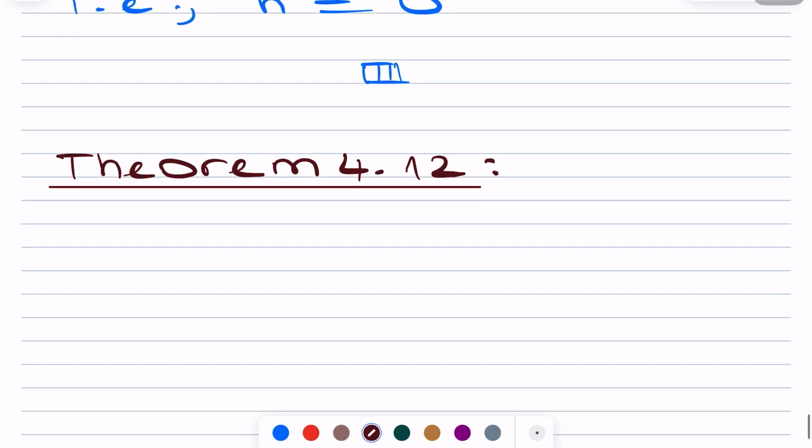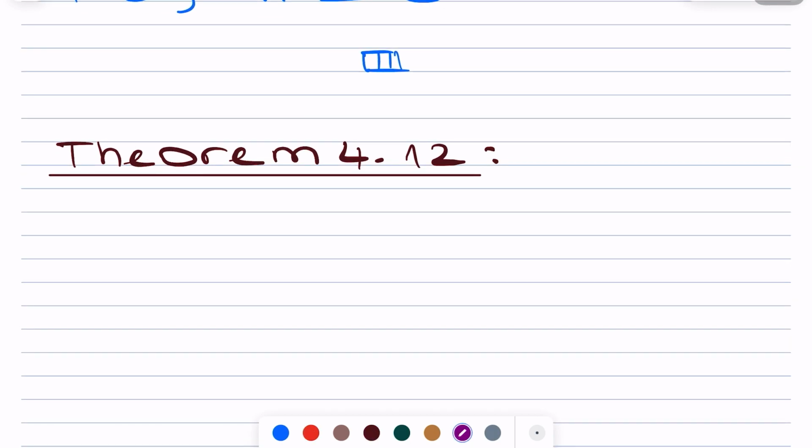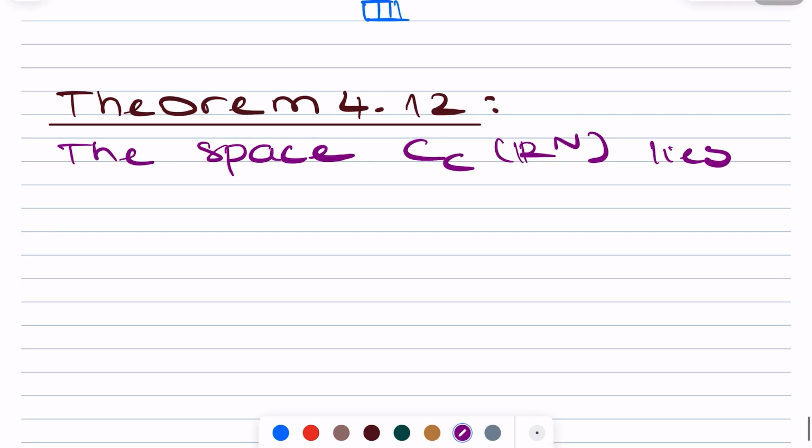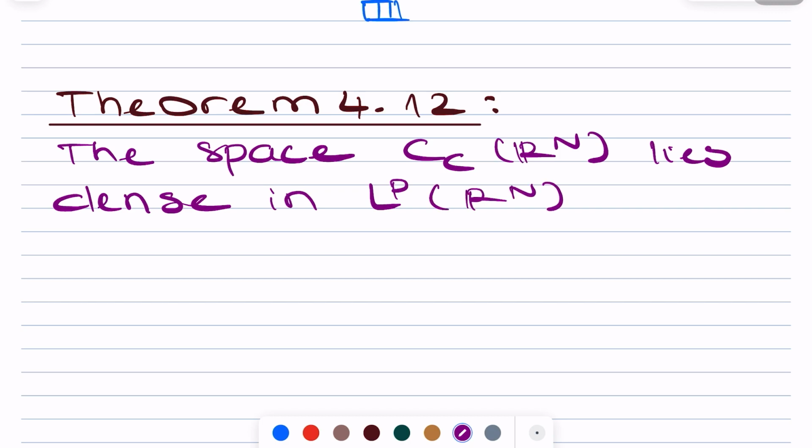The space CC of continuous functions with compact support lies dense in LP of Rn, and this for every P between 1 and plus infinity, and this time P equal 1 is even included.